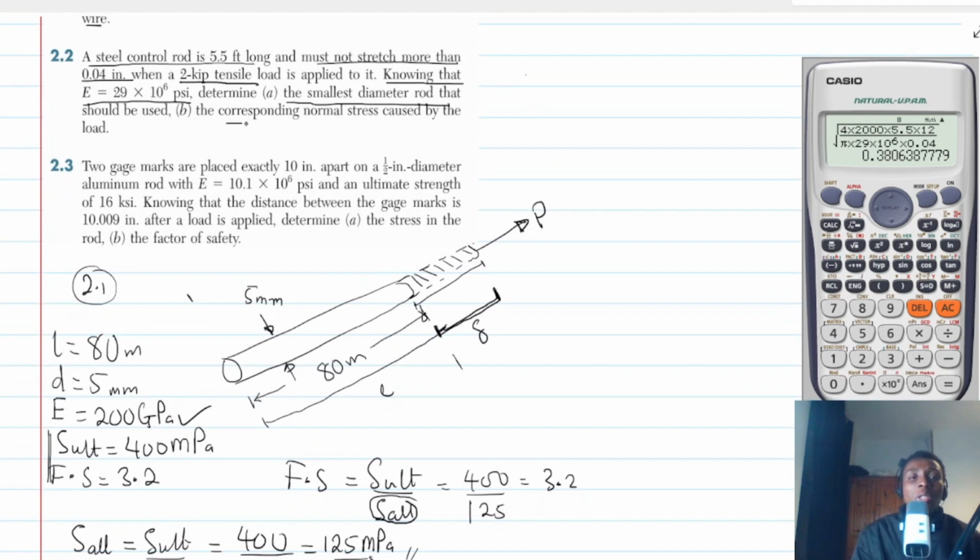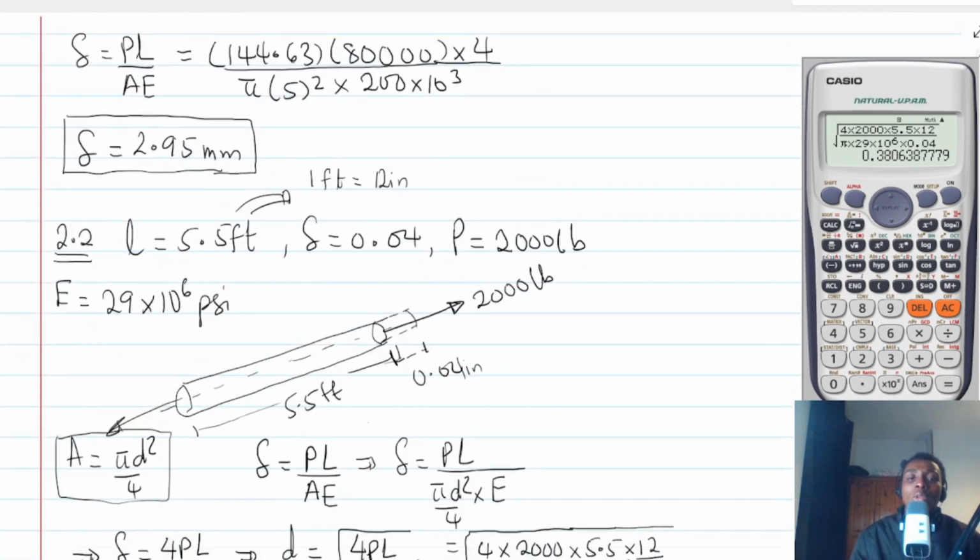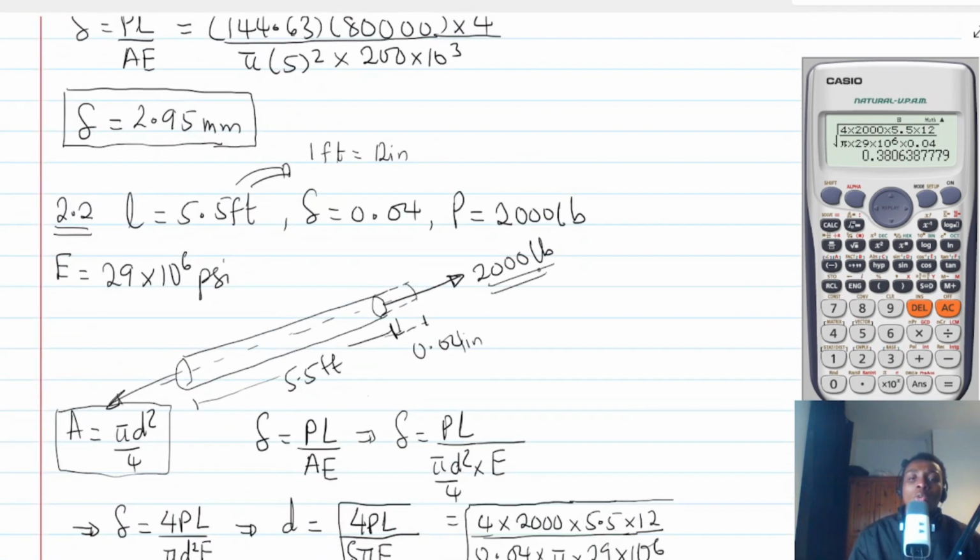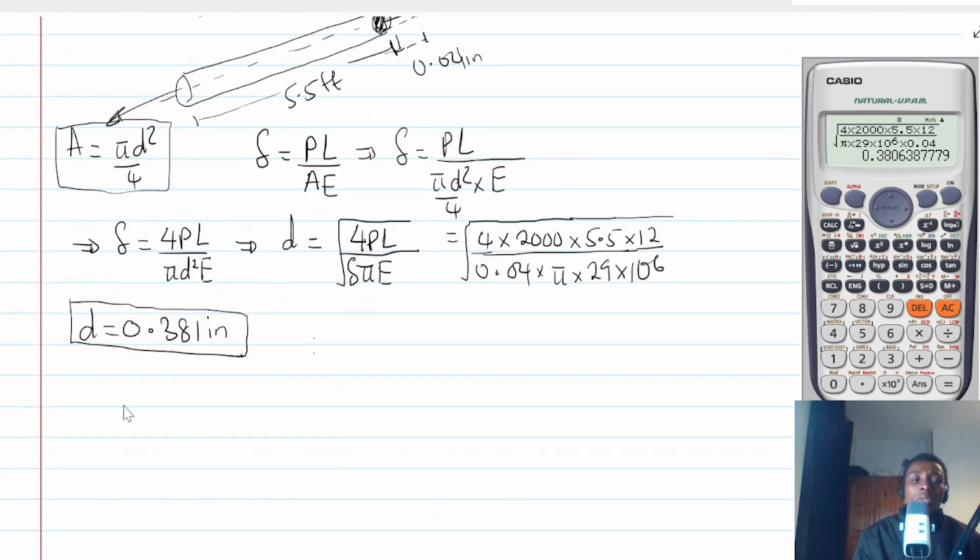He says the corresponding normal stress caused by the load. So the normal stress caused by the load is the load divided by the cross-sectional area, which is 2,000 pounds divided by the area.